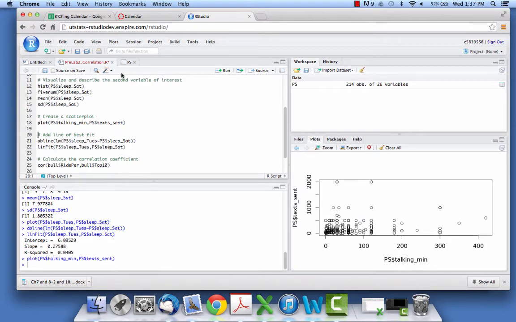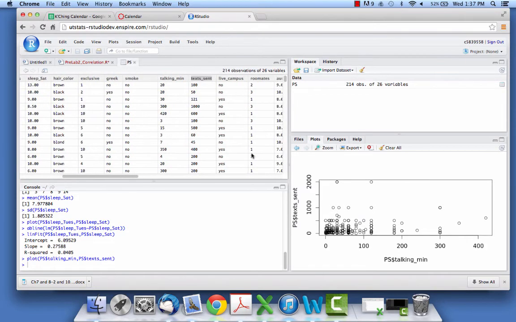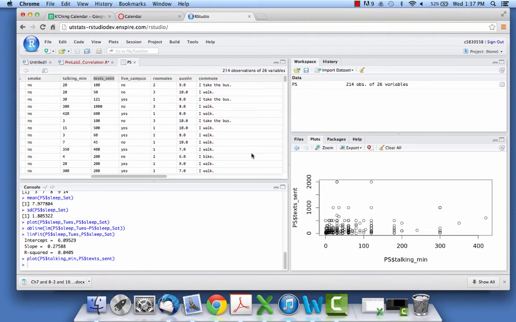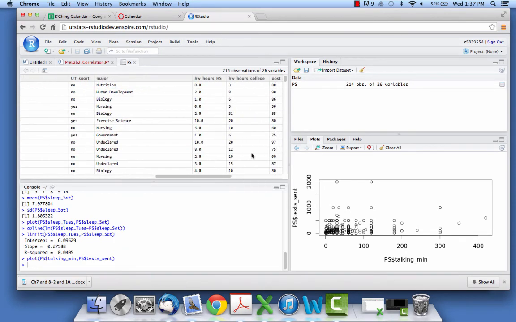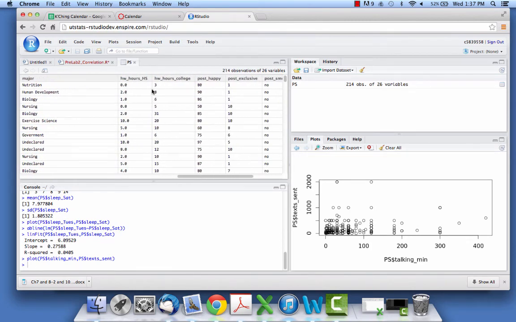That still does not look linear. Maybe this one.